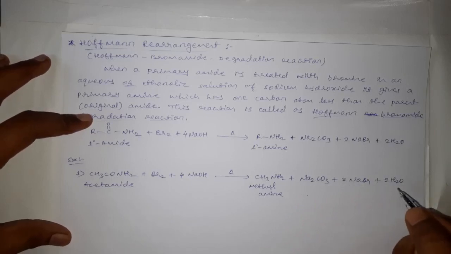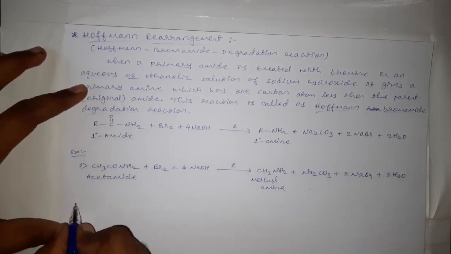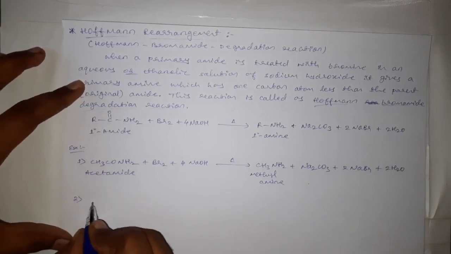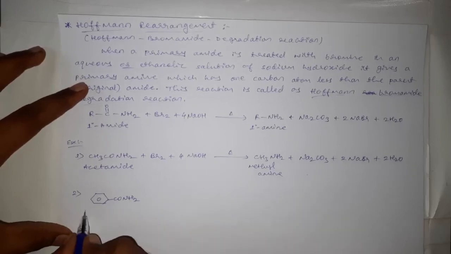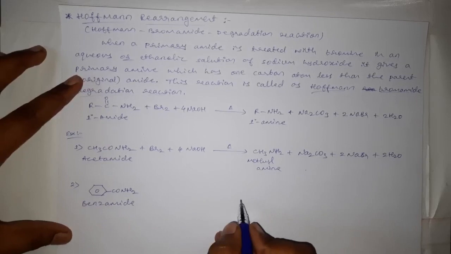And we can write for aromatic primary amide, C6H5CONH2. This is benzamide.